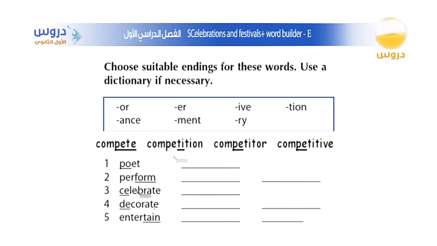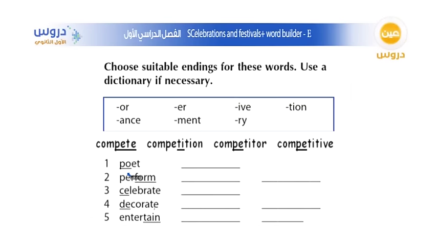And here in this activity, we saw that we could build what? Build words. Excellent. Very good, Shahad. Building words. So we've got, for example, the word poet, is the noun.